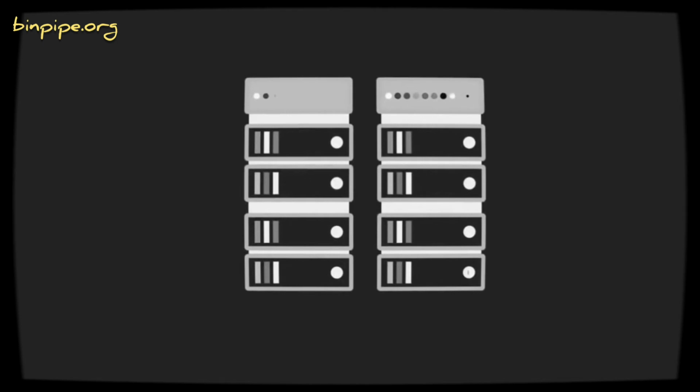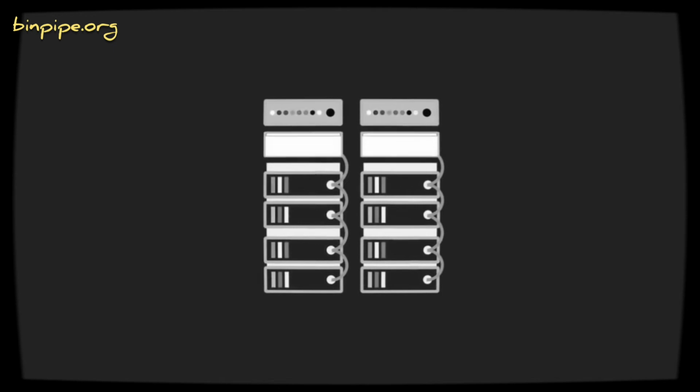Now each data center has many racks filled with servers. Each server again includes a hypervisor to run multiple virtual machines, and there is a network switch which provides connectivity between the servers.